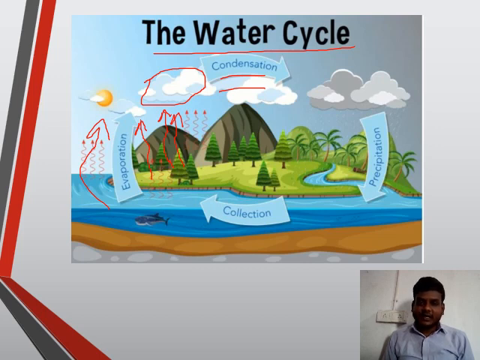After the condensation, the cloud becomes heavy, then the water drops out as rainfall. We call this precipitation. Then again the water is stored in the sea and rivers, and collects through the rivers into the ocean. We call this collection. I hope it is clear to you.